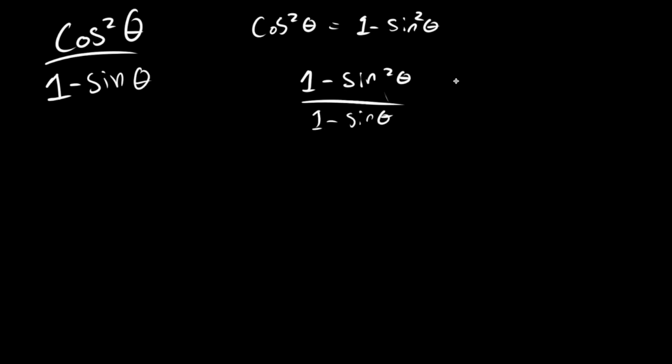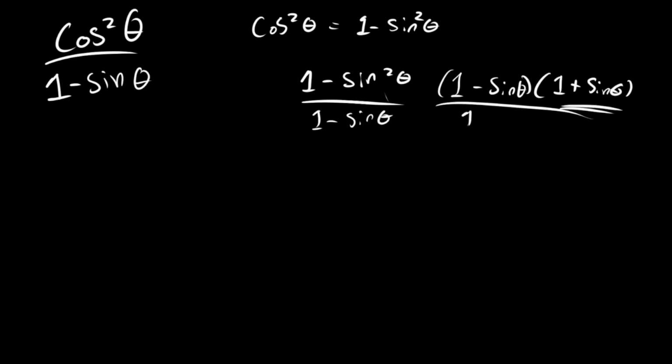So we're going to have to factor the top part out. We're going to get 1 minus sine multiplied by 1 plus sine, because it is a difference of squares, over our 1 minus sine function. Cross these out. So our answer is going to be 1 plus sine theta.